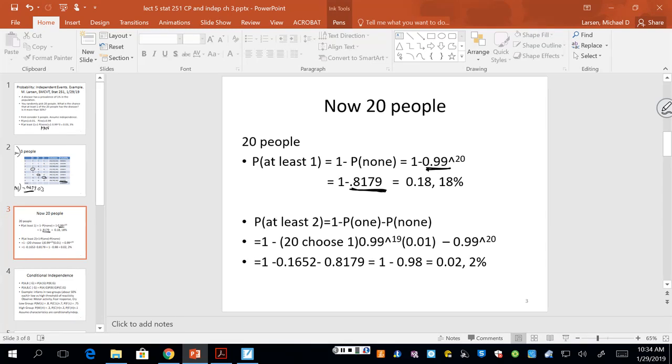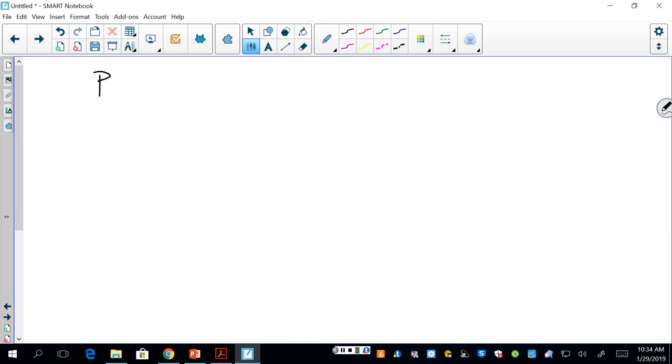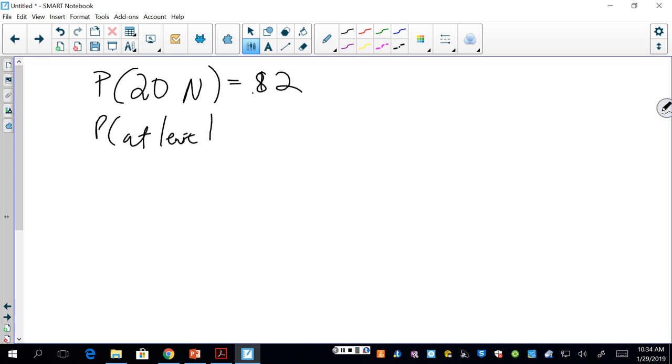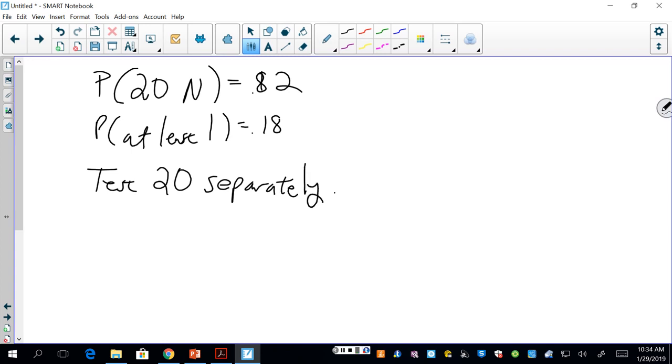One scenario: the probability of 20 no's was about 0.82, so the probability of at least 1 is 18%. So if you tested 20 separately, then you get 20 tests, for certain.